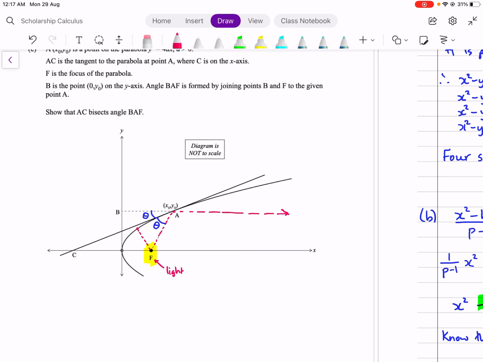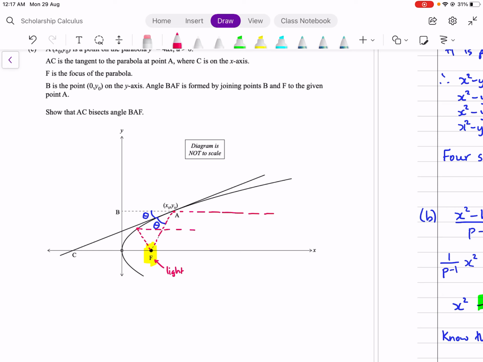If I hit the parabola there, it's going to reflect off parallel to the axis. And so that's why reflectors are so useful if they're parabolic in nature. You put a light bulb at the focus of the parabola, all of the light is going to bounce off parallel, which makes it useful when you're driving along a road and you want all the light coming from your light bulbs to project out straight.